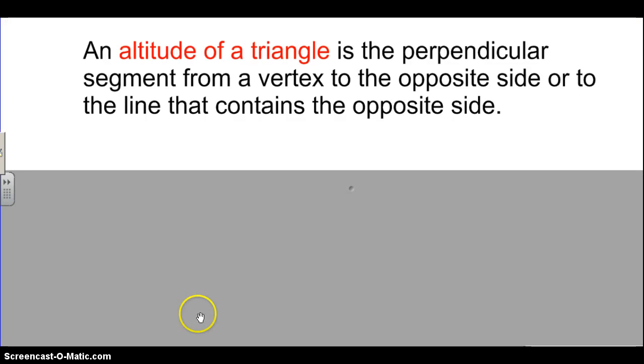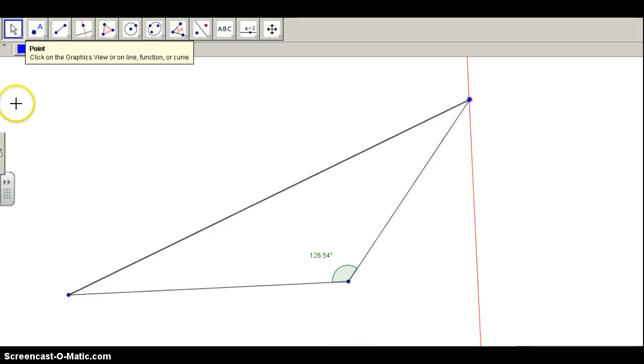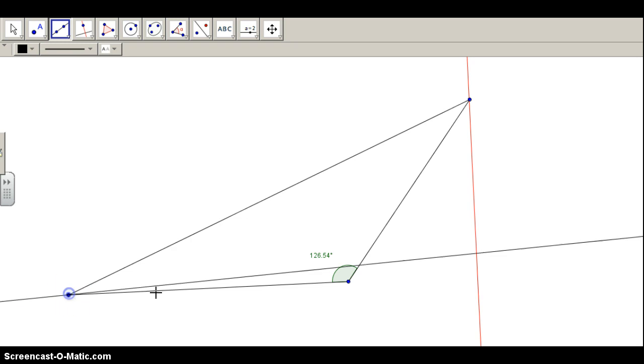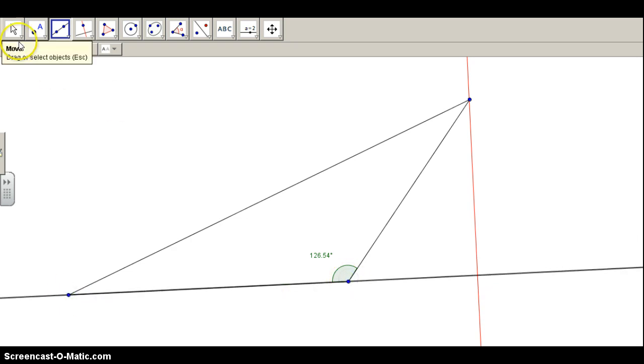So when we looked at our definition of altitude right here, right? This definition, if I grab my highlighter here, it says or to the line that contains the opposite side. So what that means is here I would be able to extend my side of the triangle with a line, just like so. Okay?